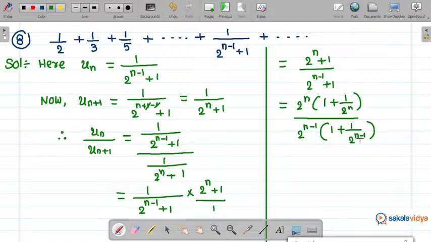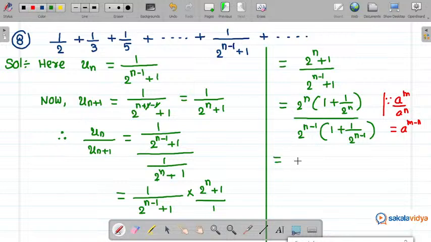So, then what do we get now here? 2 to the power of n by 2 to the power of n minus 1, that is in the form of actually a to the power of m by a to the power of n. So, we can apply the a to the power of m minus n formula. a to the power of m by a to the power of n is a to the power of m minus n. So, what do we write?